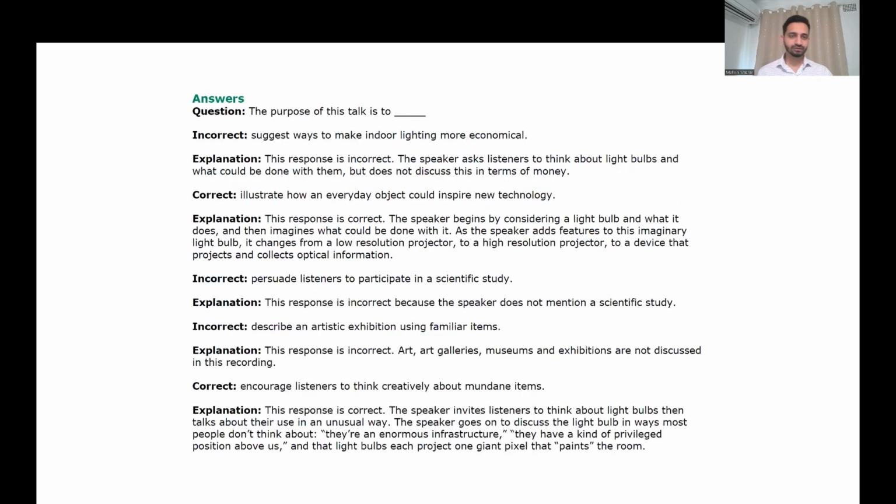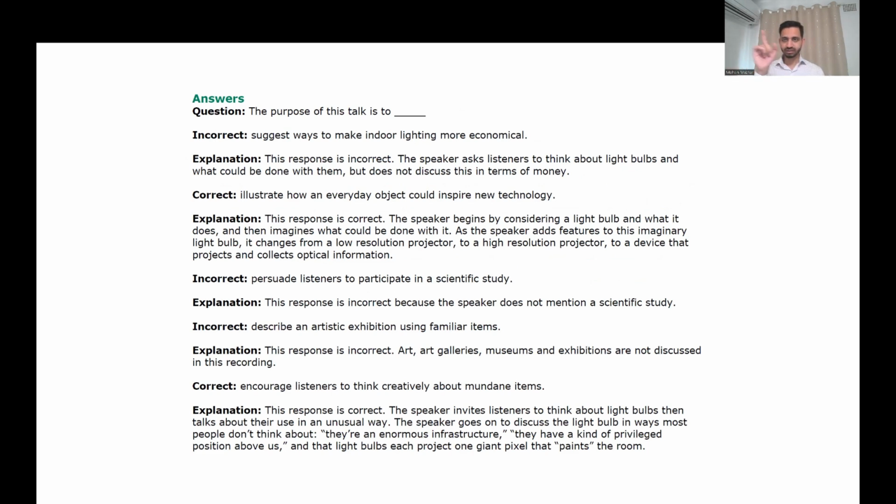Okay, so let's look at the options here. We want to understand the purpose of this talk, right? What is the purpose of the talk? The first option is suggest ways to make indoor lighting more economical. In the whole transcription you read and heard, it doesn't talk about anything about economics of the lighting.